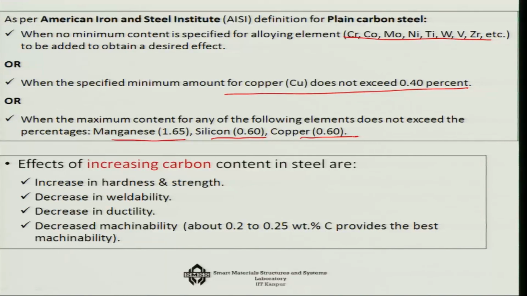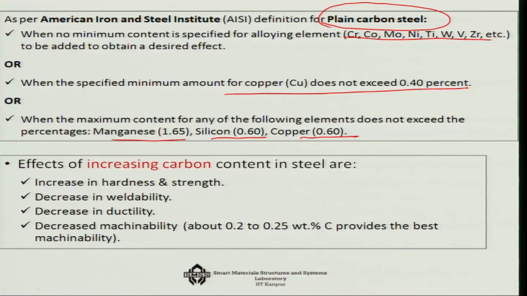So, that means copper must be within a range of 0.4 to 0.6, manganese should not be more than 1.65 weight% and silicon should not be more than 0.6 weight%, and the rest of the materials should be present, but the minimum content is not specified. In such cases, we will actually consider these to be plain carbon steel.